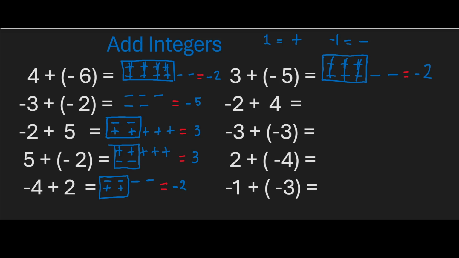Next, I'm going to be writing how many negatives I have. I have 2 negatives. 1 and 2. And to this, I'm going to be adding 4 positives. Let's write 1, 2, 3, and 4. And now remember, positive and negative, they cancel each other out.